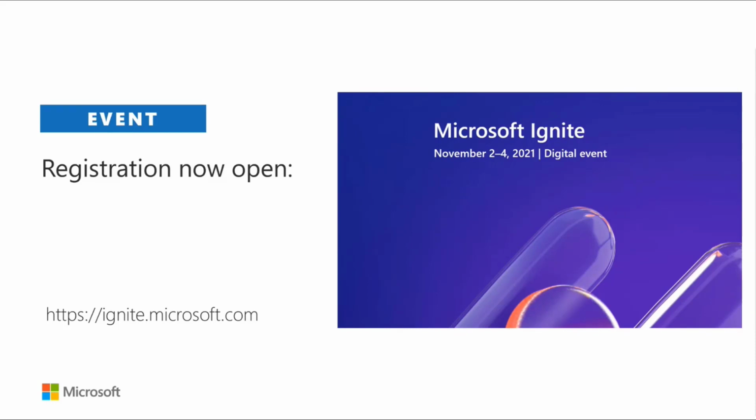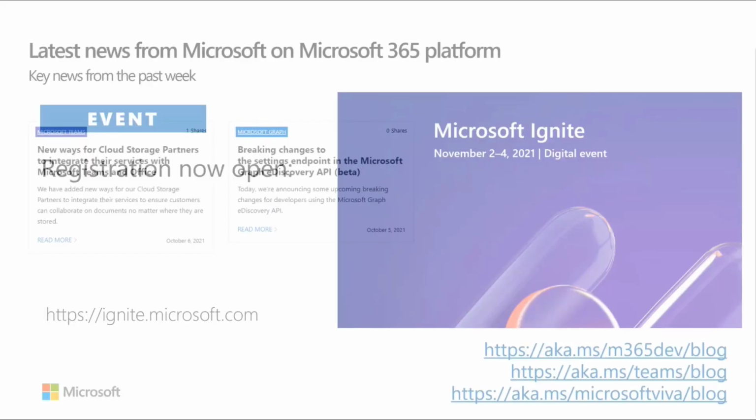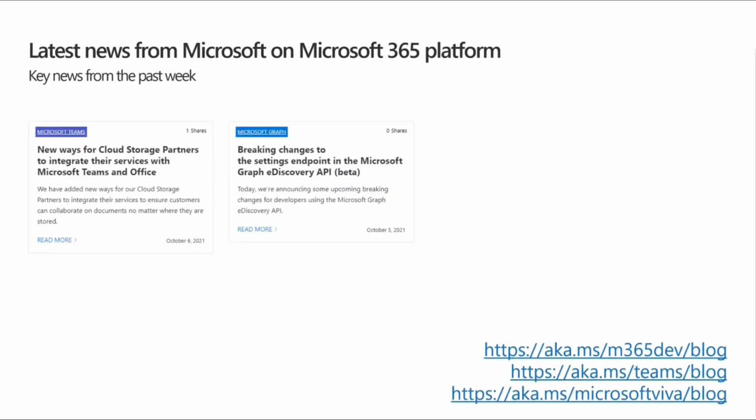It's pretty cool. From a news perspective, this week was relatively slow as we're closing in on Ignite. I think all of the big announcements are queuing up there. But there were two news items on the Microsoft 365 platform side. One was new ways for cloud storage partners to integrate their services with Microsoft Teams and Office.